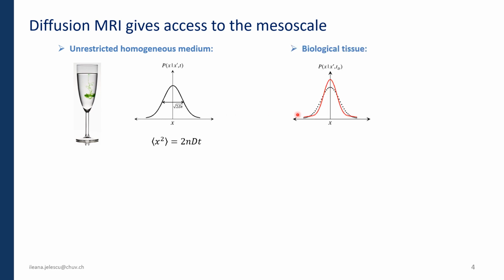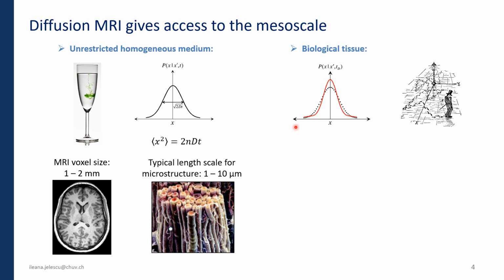Now in biological tissue, the water molecules are not free to move around, but their path is largely influenced by the cell membranes they encounter and other forms of restriction and hindrance, so this displacement probability is no longer Gaussian. This becomes similar to this drunk person trying to make their way home, where their path is affected by the lampposts or building walls that they may hit while walking.